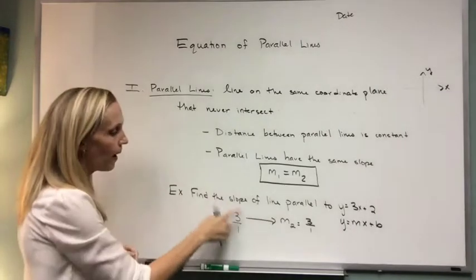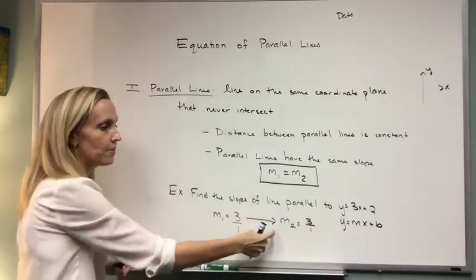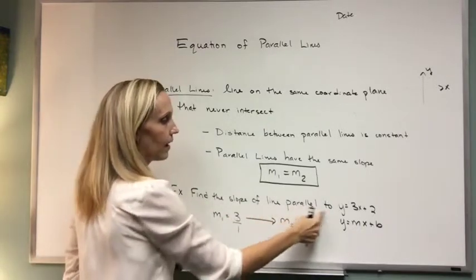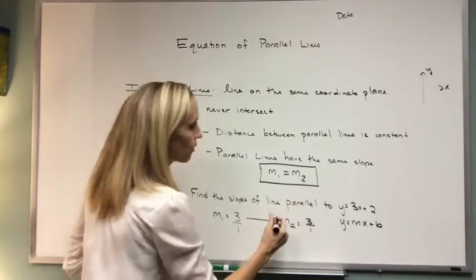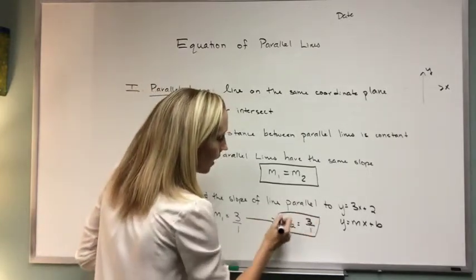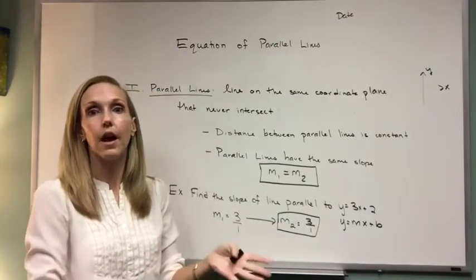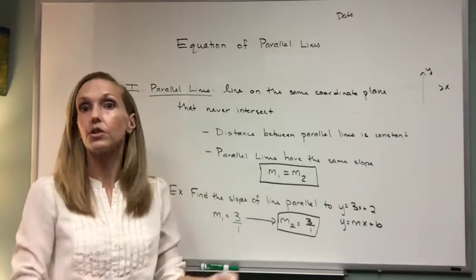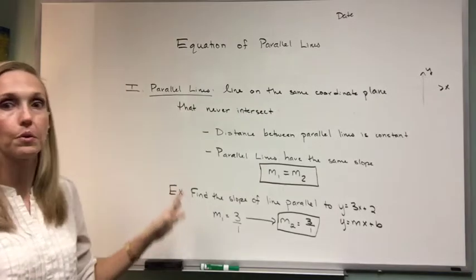So my slope for m1 is 3 over 1. And since my slopes have to be the same for my parallel line, the slope of the line parallel to y equals 3x plus 2 must also be 3 over 1. That's all you do. You just find the slope of your line and say, well, it has to be the same because they're parallel, so here's the slope.